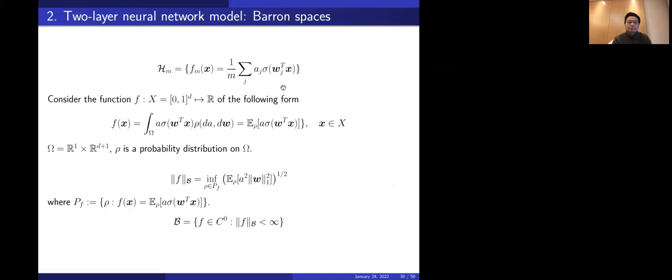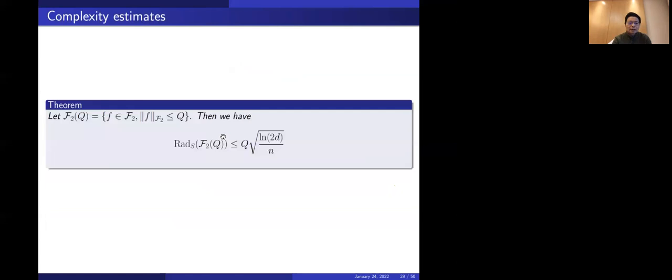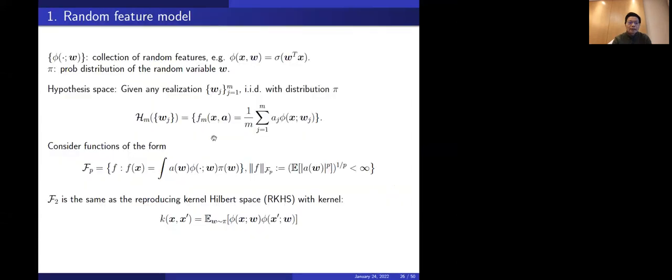And then, for this 2-layer neural network model, we want to define the associated function space for which the direct and inverse approximation theorems hold. In order to do that, let's consider functions of this type, namely functions that admit this kind of integral representation. This is the analog of this.